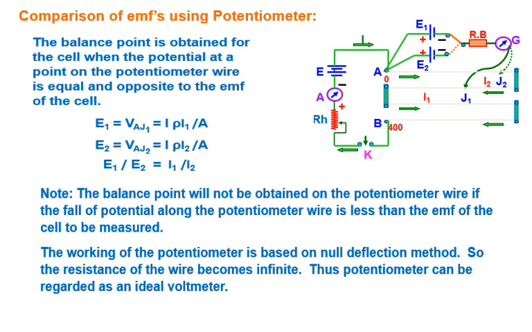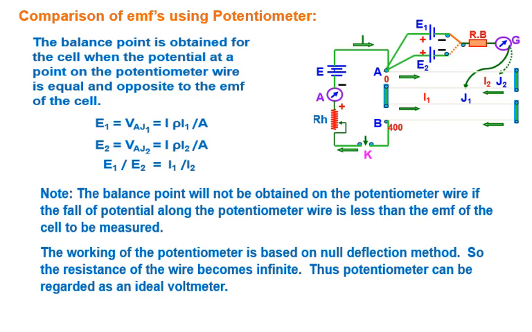The positive terminals of these cells are connected at end A of the potentiometer wire, and their negative terminals are connected to a high resistance box, a galvanometer and jockey through a two-way key.